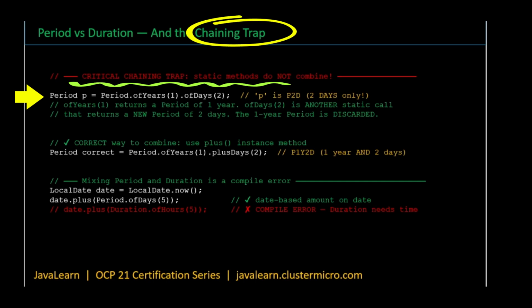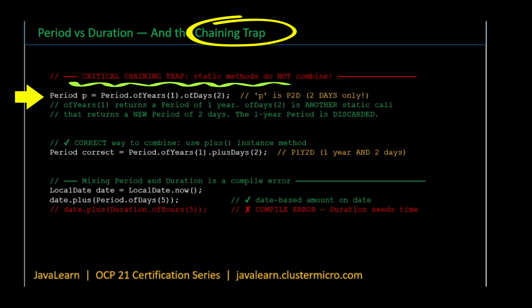This is what the fluent API style normally means in Java. But ofDays is a static method on the Period class, not an instance method. So when you write .ofDays(2) after Period.ofYears(1), Java is not calling ofDays on the P1Y period object that ofYears(1) returned. Java is calling Period.ofDays(2), a completely independent static call on the Period class itself.